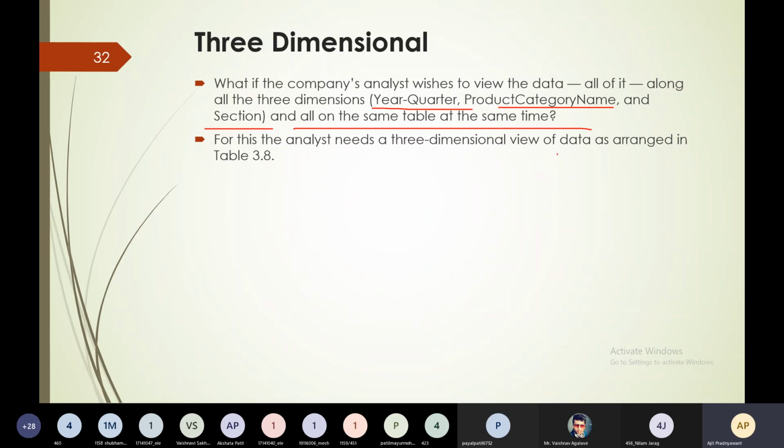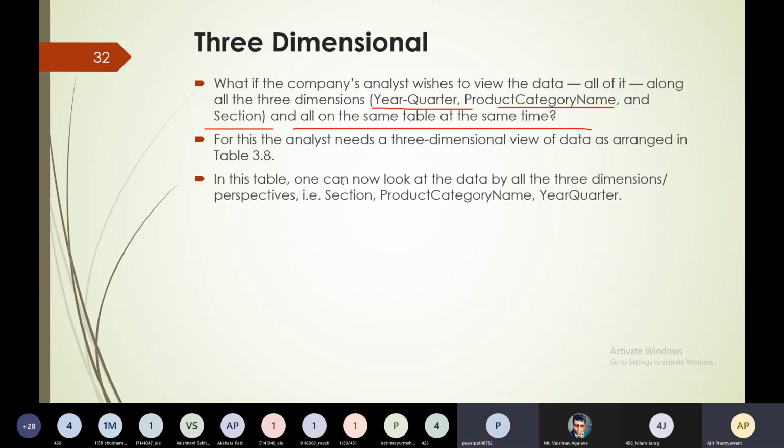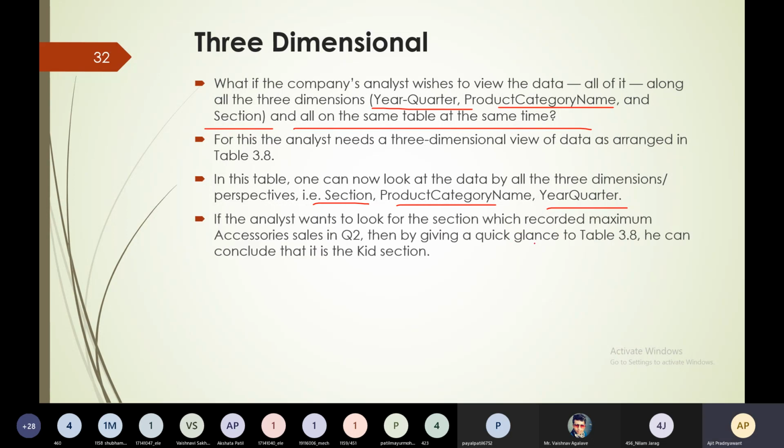In the table, we can now look at the data by three dimensions: section, product category name, and year quarter. The analysts want to look for the section which recorded maximum accessory sales in quarter 2. Then by giving a quick glance to the table, he can conclude that it is the kids section.